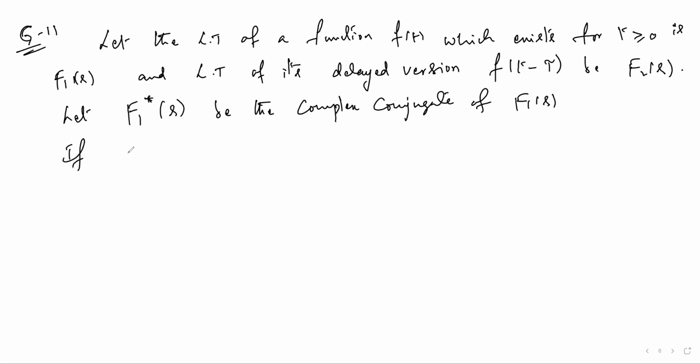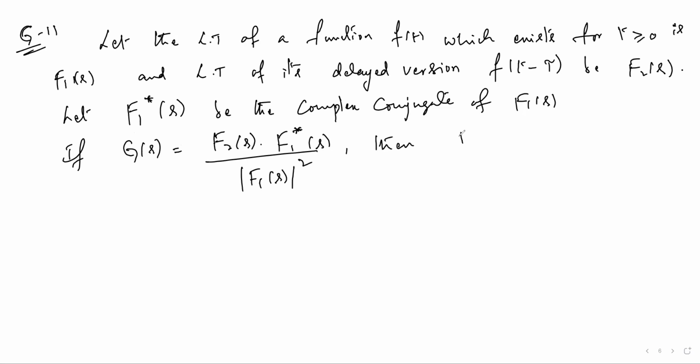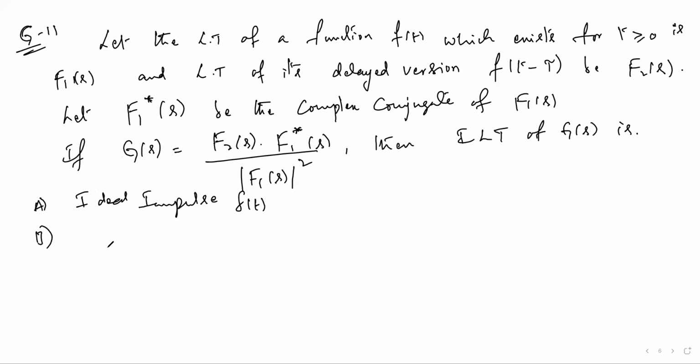If G of s is F2 of s times F1 complex conjugate of s divided by F1 of s whole square, then inverse Laplace transform of G of s is... Questions look like very difficult, but I'm telling you it is very easy. Options are given like this.